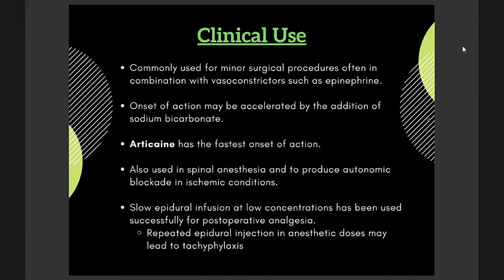Clinical use of your local anesthetic: commonly used for minor surgical procedures, often in combination with vasoconstrictors such as epinephrine. By the way, the first use of your local anesthetic is for minor surgical procedures because local anesthetics are used to provide regional anesthesia for surgery.